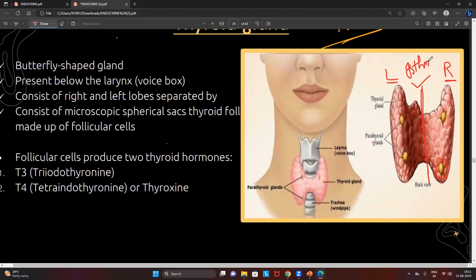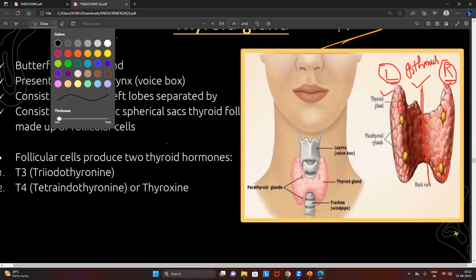The isthmus is the structure separating the left lobe of the thyroid from the right lobe of the thyroid, not to get confused with that point. Now, friends, try to understand me. Whether it is the left lobe or the right lobe, they all contain certain microscopic structures like this.